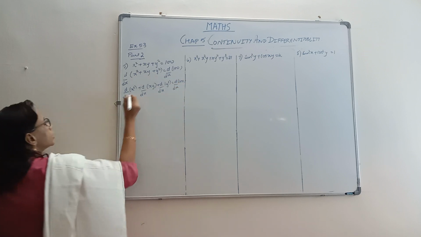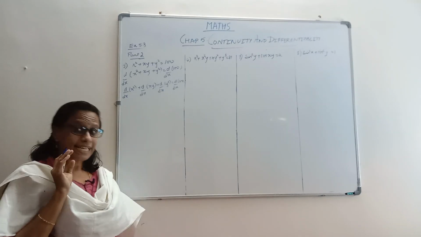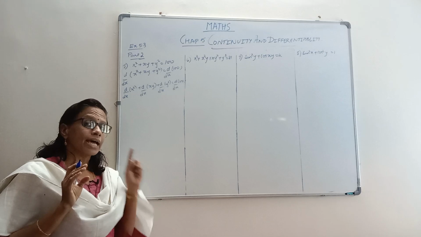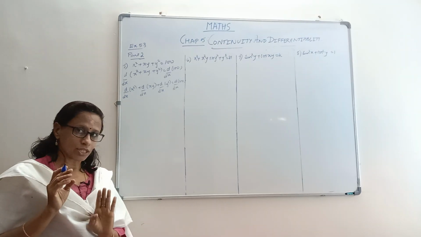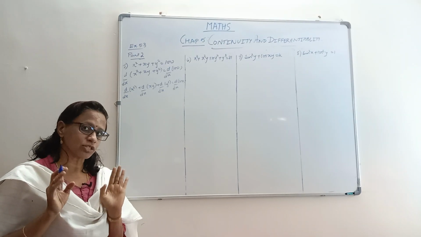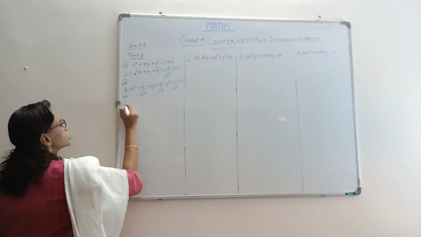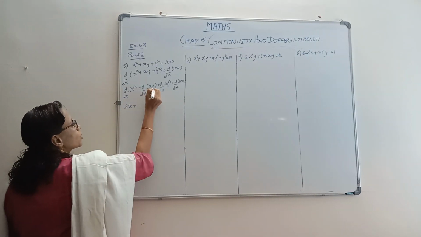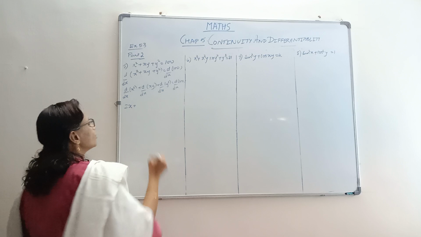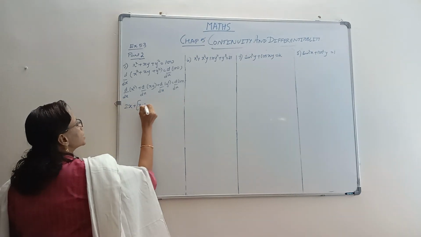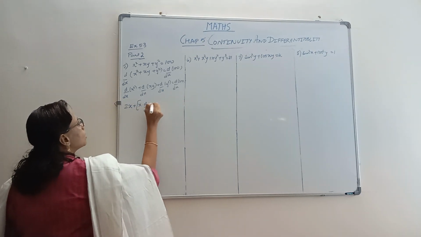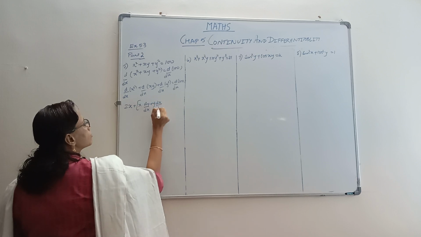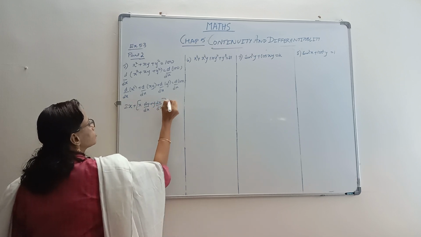Right. Now the derivative of x raised to n with respect to x is n x raised to n minus 1. By that we know the derivative of x squared is 2x. So this is 2x. This is a product, right? So it is x times the derivative of y plus y times the derivative of x.